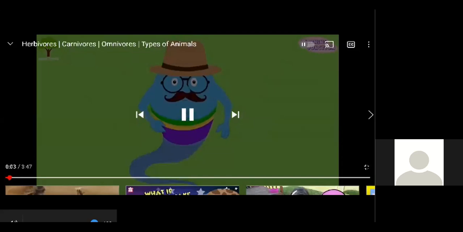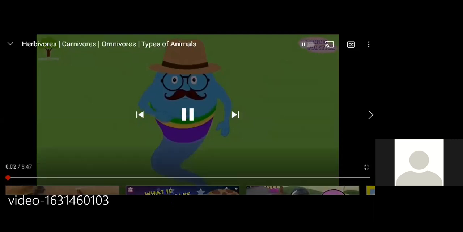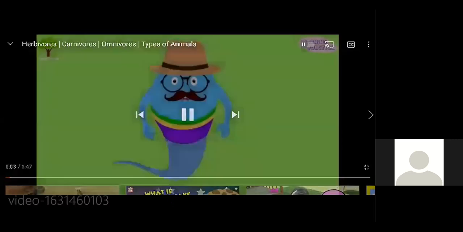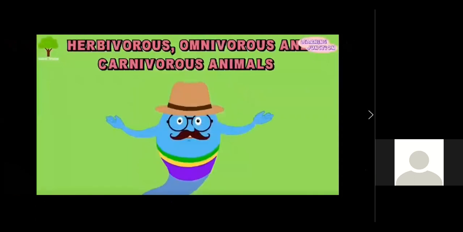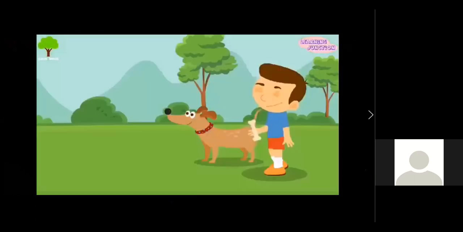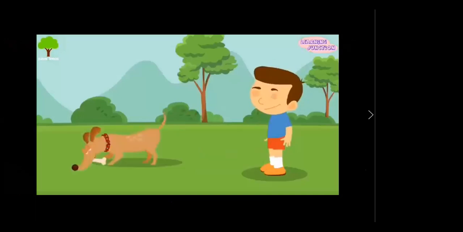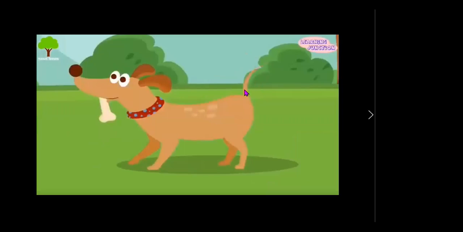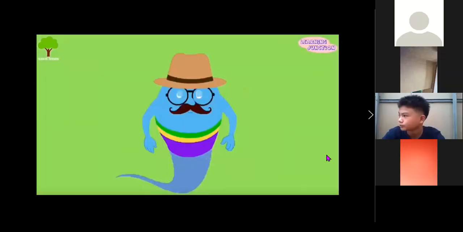Okay. So classification of animals, what they eat. Look again. Okay, let's review. You can copy and write in your books, okay, for additional information. So again, animals are separated into three groups, right?